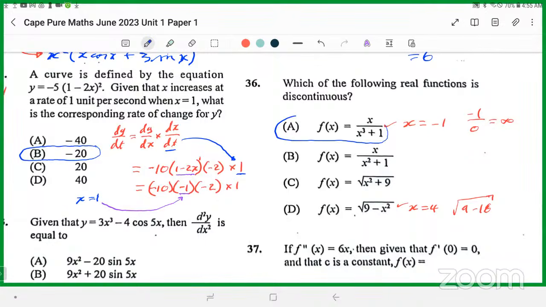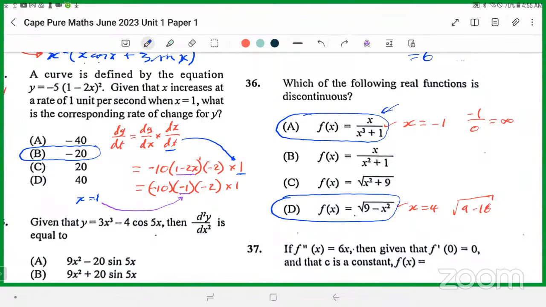This one I would say is discontinuous. And this one is also discontinuous because there's a value that you can't find: you can't find the square root of a negative, for example at x equals 4. And this one is definitely discontinuous at x equals -1. Maybe this is the answer they want.